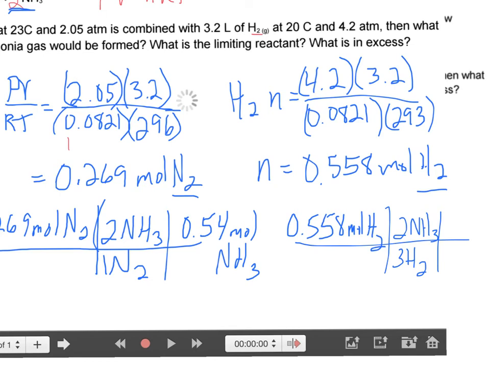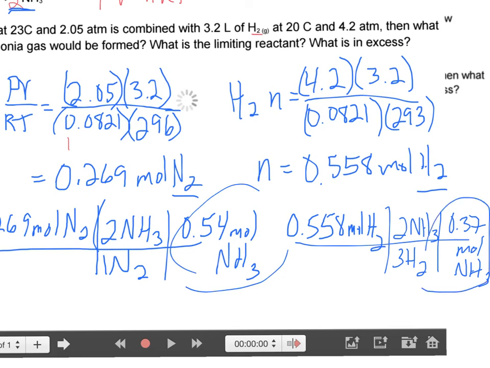And I get 0.37 moles of NH3. So which is a smaller value? This or this? Hopefully you chose this. If you did, you chose correctly. And so that is the maximum amount of NH3 I can form from combining these two gases.